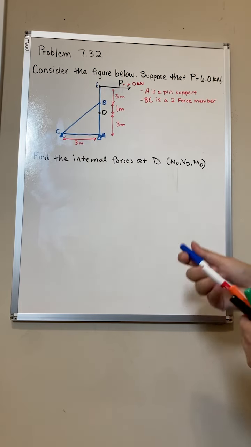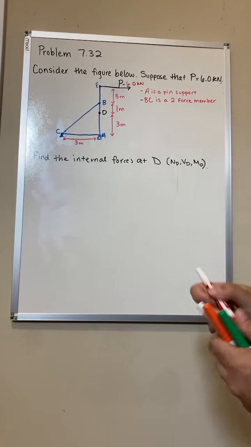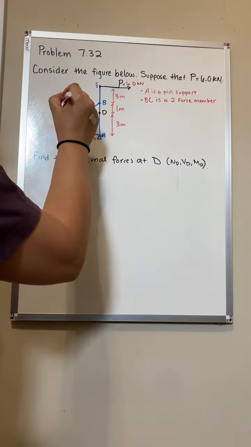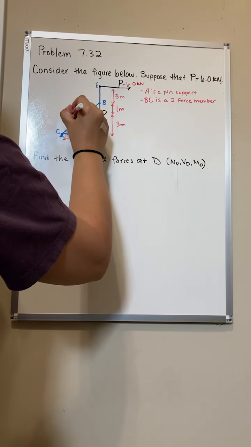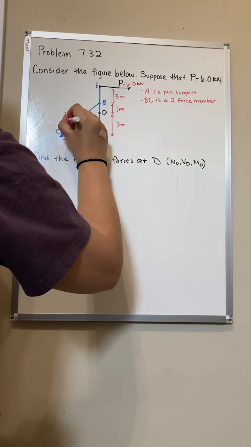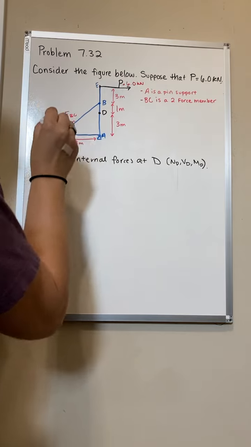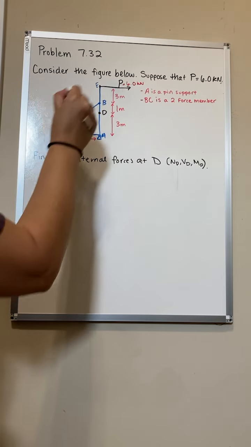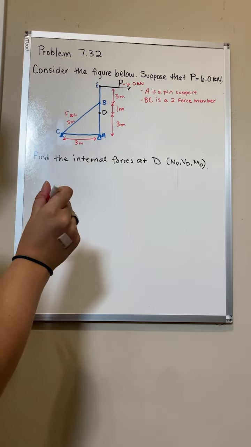So the length of BC is going to be 5 meters. I don't know the magnitude of the force, but we know that the length of this is 5.